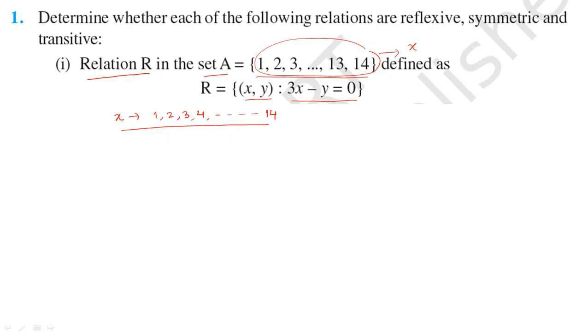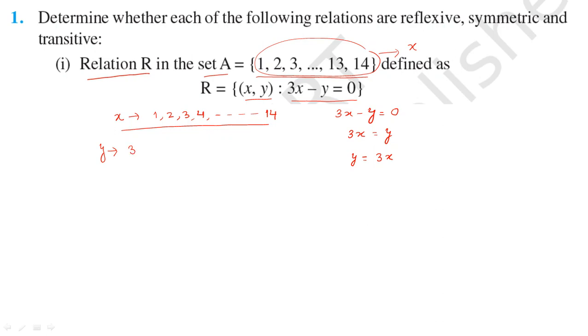Now the statement is given to you: 3x minus y is equal to 0. It means I can write 3x is equal to y, or y is equal to 3x. If these are the values of x, then I can easily calculate the value of y. y is 3 multiplied by x.